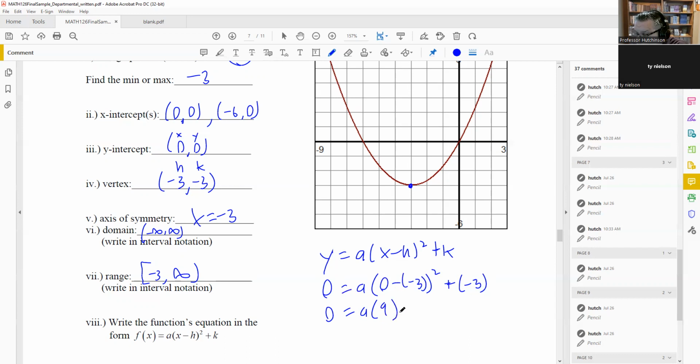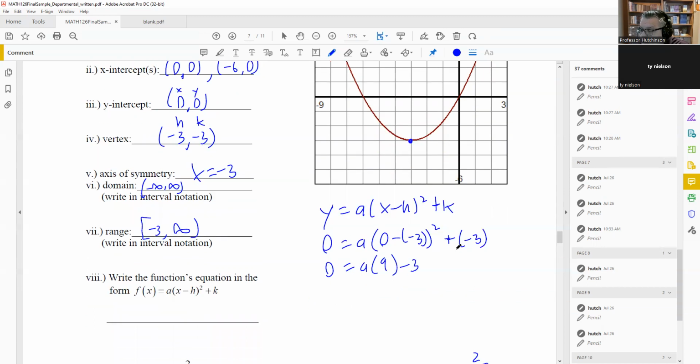So that's a 9. And I have minus 3. Add 3 to the other side. 3 equals 9a, I should put. Divide both sides by 9, and we get 1/3 is the a value.